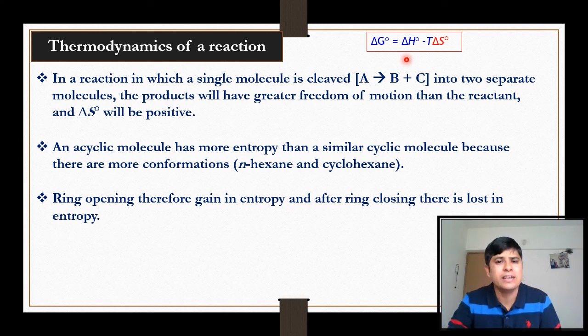Then we get the minus delta H term. And when we have this minus delta H term and a positive delta S term, which happens when there is free movement of the products with no restriction of movement, we get positive entropy. So minus delta H and a positive entropy term give minus delta G, and that reaction will be a favorable reaction.